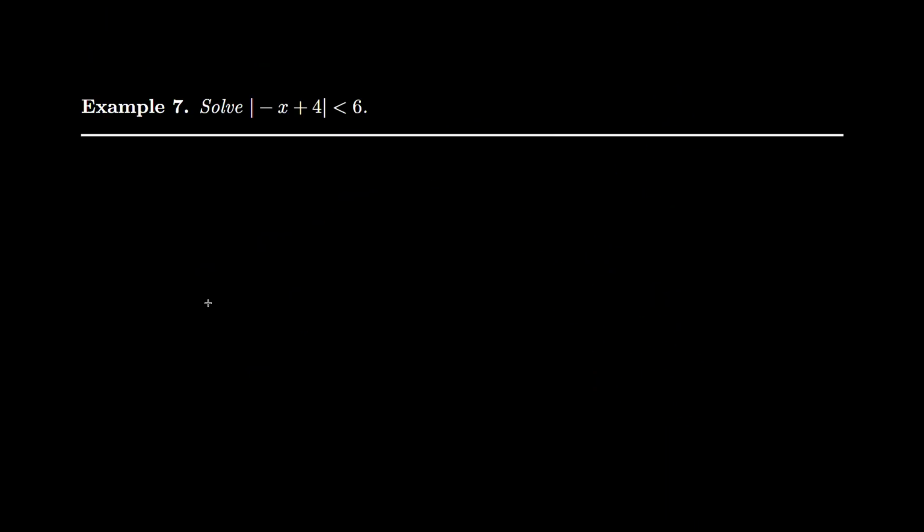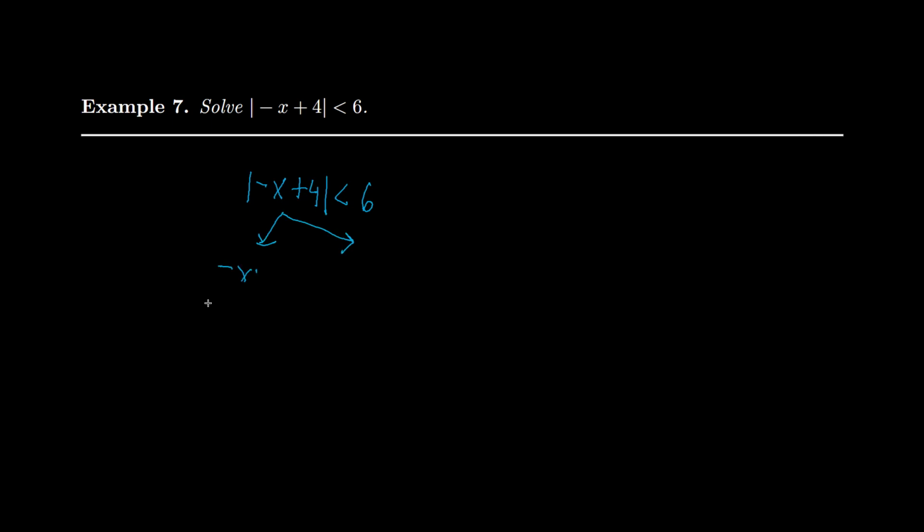This is an inequality, and we need to solve the absolute value of -x plus 4 is less than 6. Here's how you solve it. Write it down. -x plus 4 is strictly less than 6, and that's going to break down into two cases.